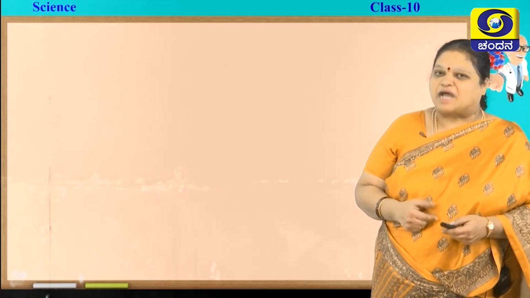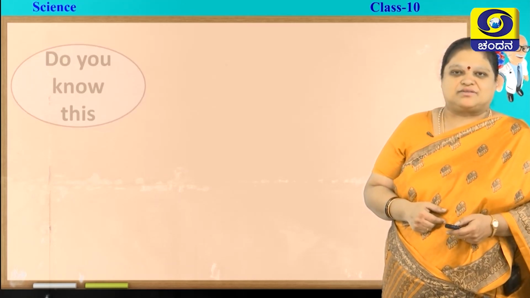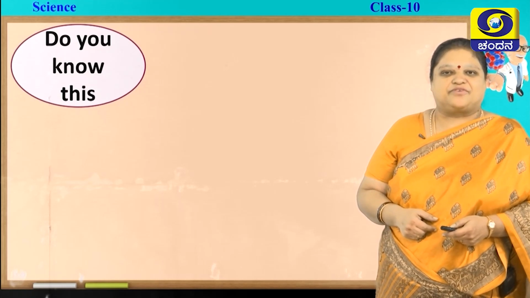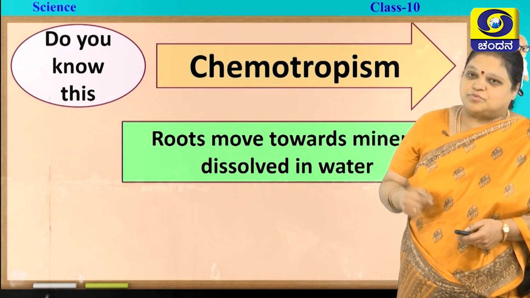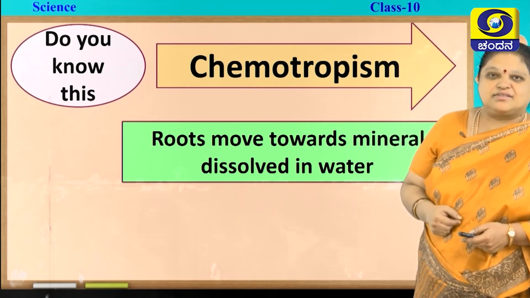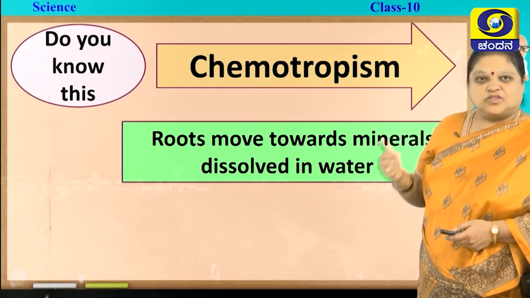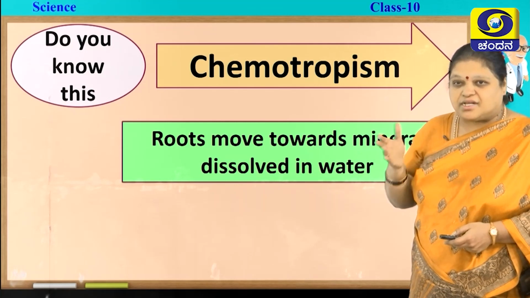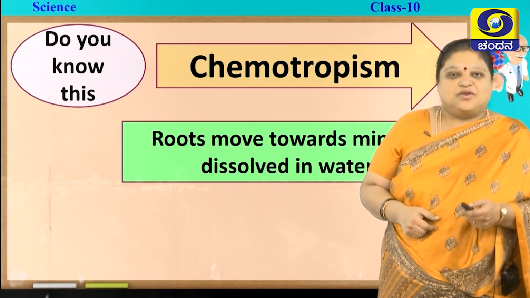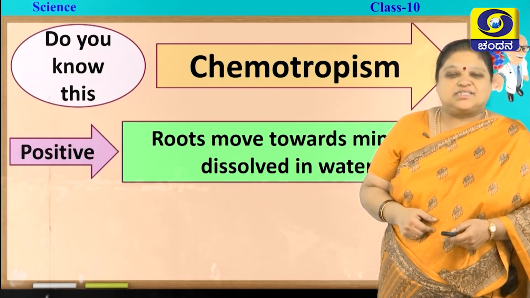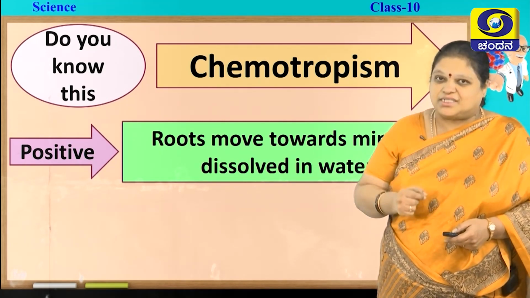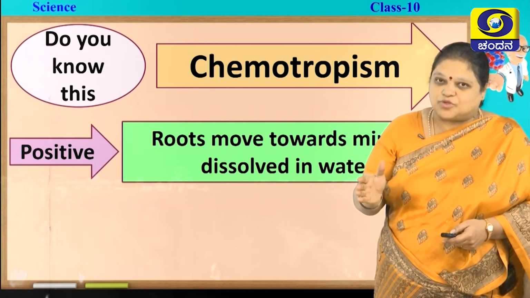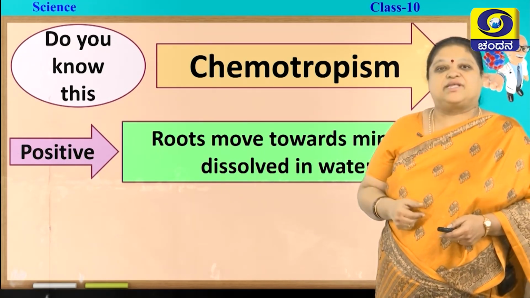I would like to give you some more information about chemotropism, which is very important for you in life. If the roots move towards minerals dissolved in water, you call it positive chemotropism. Whereas, do you know there are some conditions where the roots move away from the chemicals.